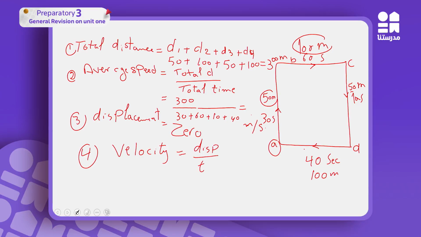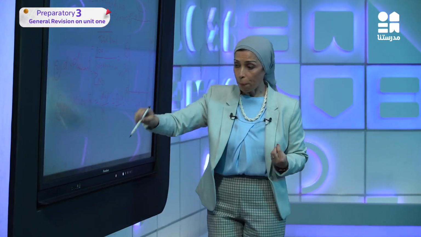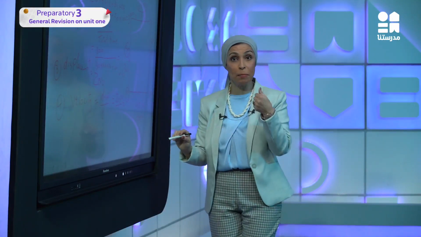Here I have displacement 0, over any value equals 0. So the velocity here equals 0. So this kind of problem gathers all the data we took in unit 1. But the very important part is that if the body returned back to its original position, the displacement is 0. So finally the velocity is 0.